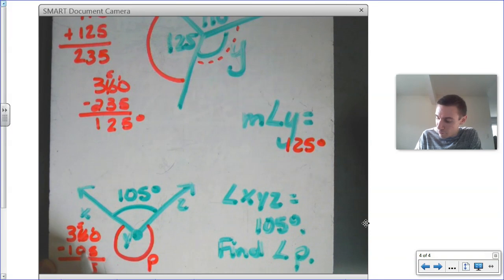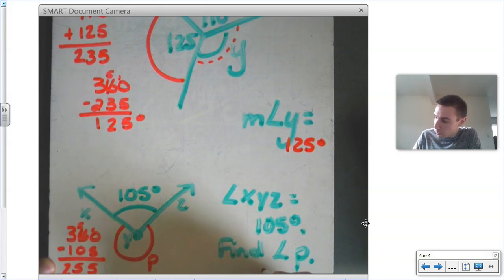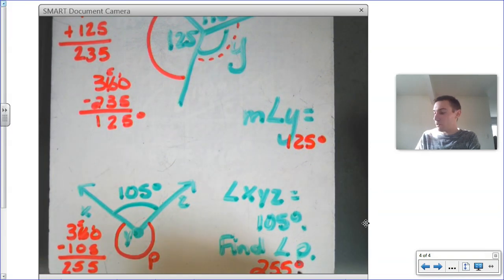I borrowed, so I have 5 minus 0 is 5. 3 minus 1 is 2. So this exterior angle right here is 255 degrees. Okay, and we used a little degree symbol. On Google Forms, we've been using the word degree because it's not easy to get that degree symbol in there.